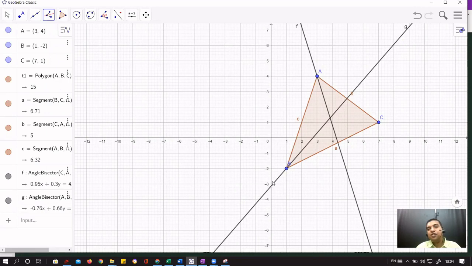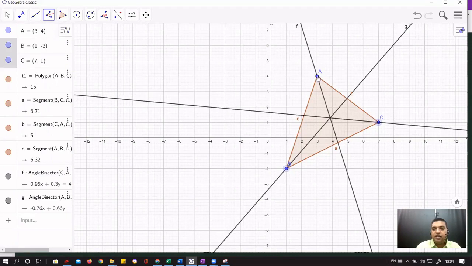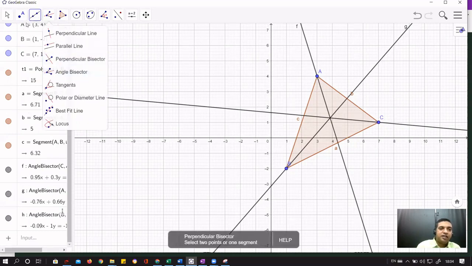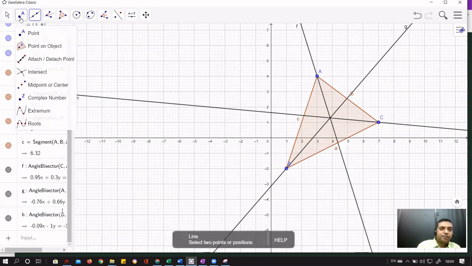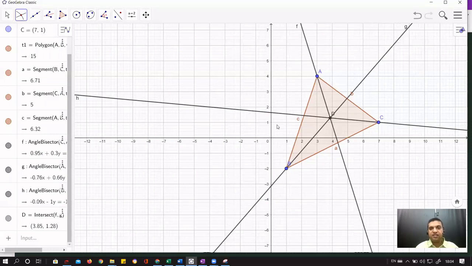So this is the bisector of the internal angle for B. And then again I choose angle BCA. Now again you see the bisectors of internal angles intersect at a point. So this is the point of intersection. Now this is called the incenter.